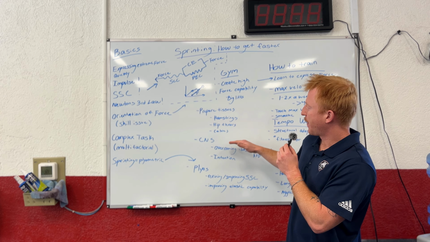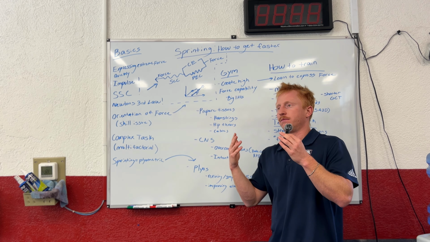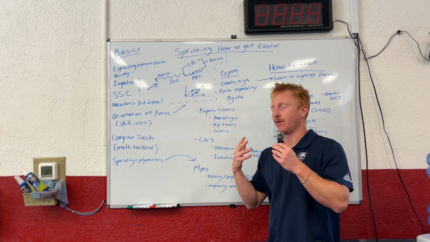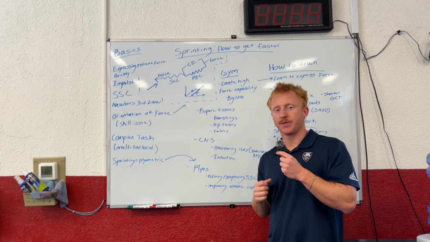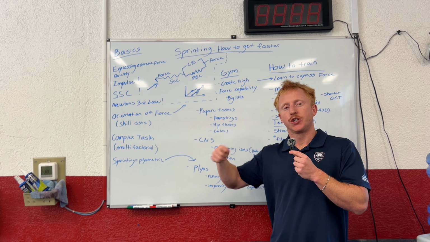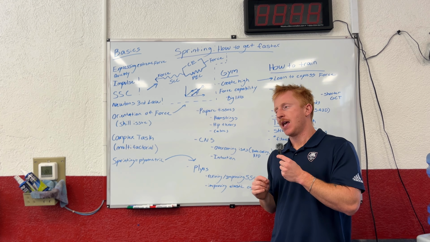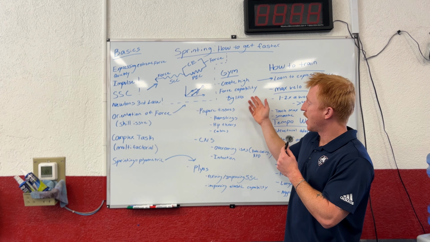And then another way to prepare is preparing your central nervous system. Sprinting is a very high nervous system task. It requires a lot of activation from the central nervous system. So we have high rate coding, the ability to produce a lot of inputs, and we also have to recruit high threshold motor units, which you do from those big lifts.